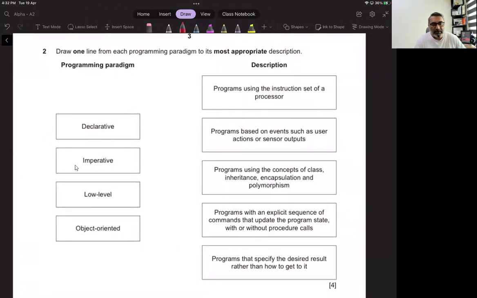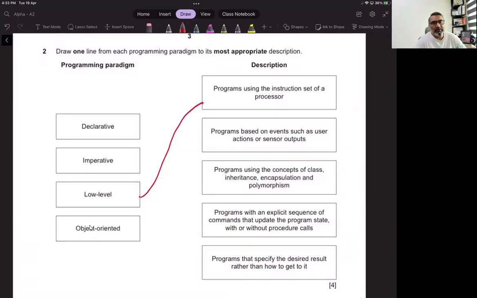Object oriented is also imperative, but in our syllabus it is regarded as a separate one. So programs using instruction set of a processor, this is basically low level language.